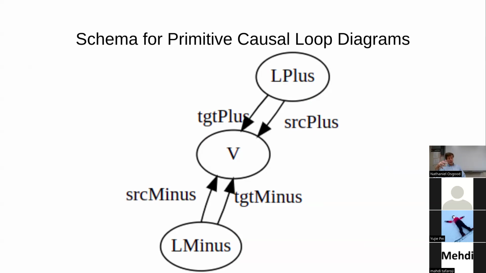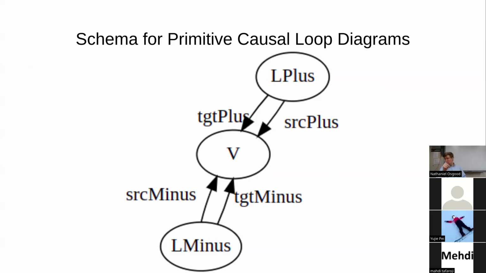We need a V, which through functors is going to represent the set of vertices. We have a set of plus links and a set of minus links. And each plus link will have a source and target vertex or variable. Maybe we better call this variable in a causal loop diagram. This is more common. And L minus, each of those has a source and target variable.